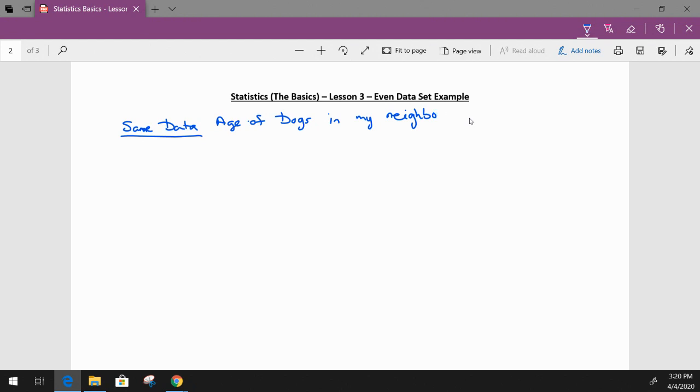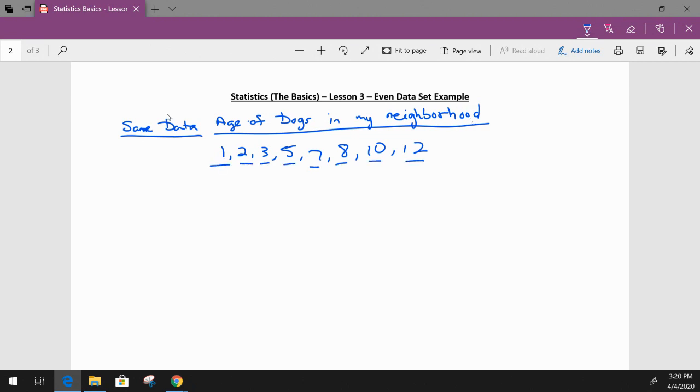And again, I want to put them in order: 1, 2, 3, 5, 7, 8, 10, and 12. So I have 1, 2, 3, 4, 5, 6, 7, 8 pieces of data. That's why it's an even data set example.